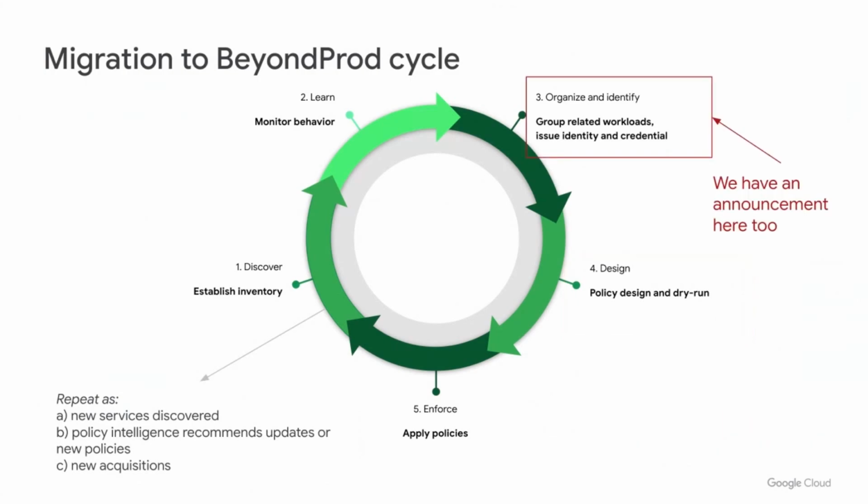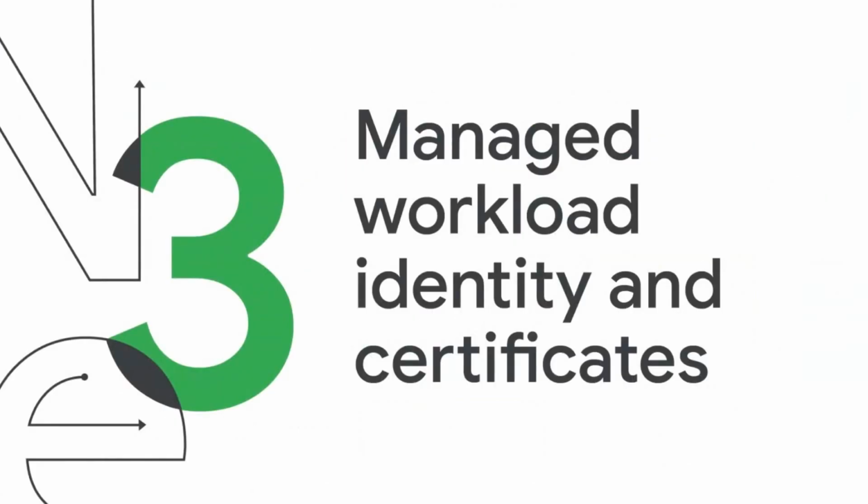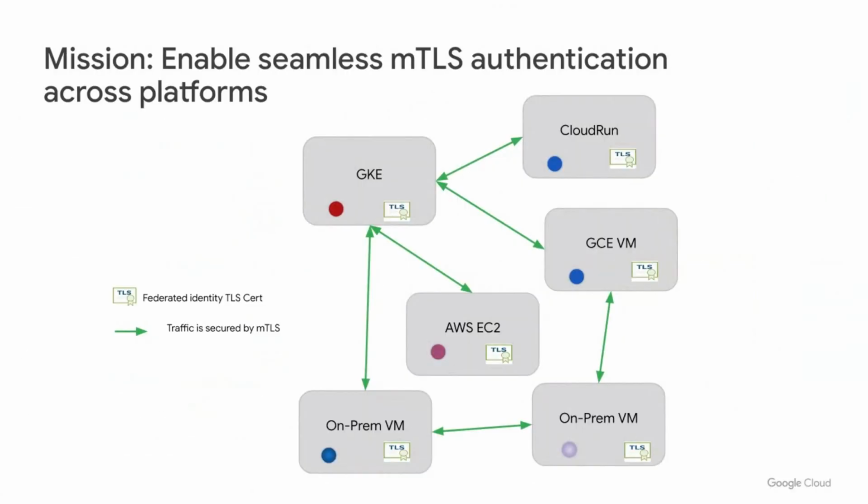And we also have a little bit of announcement in step number 3, which is the identity and the credential. So we call this the managed workload identity and certificates. The idea and the mission is very simple. Create a seamless mTLS authentication across all of your environments, whether it's GCE or GKE or Cloud Run or even other clouds.